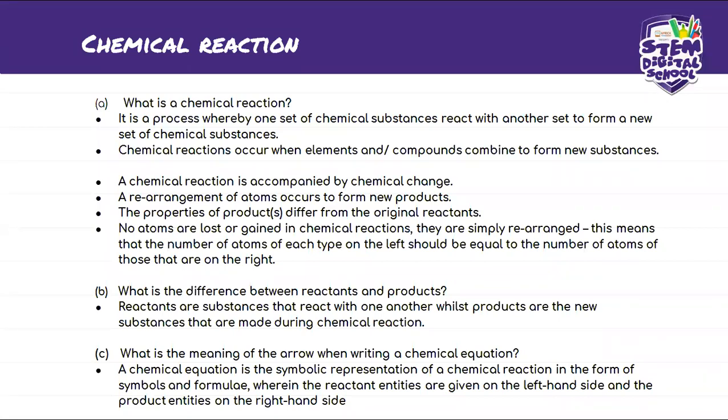A chemical equation is a symbolic representation of a chemical reaction in the form of symbols and formulae, wherein the reactants are given on the left-hand side and the products on the right-hand side. So the arrow separates the reactants from the products. The arrow tells you that the reactants will react together to form the products.